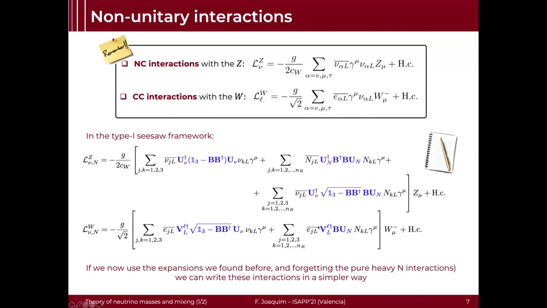Here you also have mixing between the charged leptons and the heavy neutrino states, again controlled by B, because if B goes to 0, the charged leptons do not interact with the heavy neutrinos either.